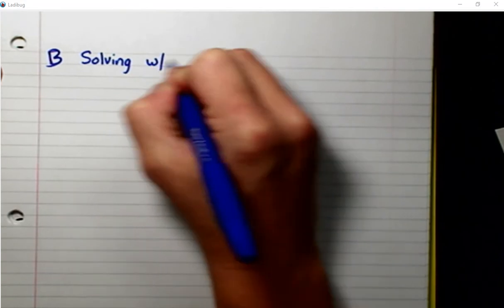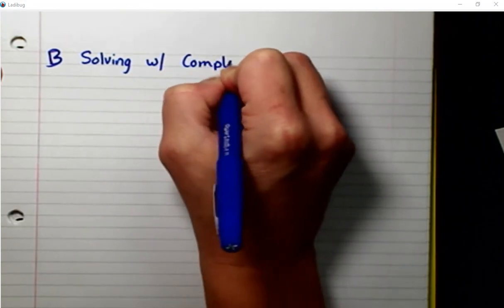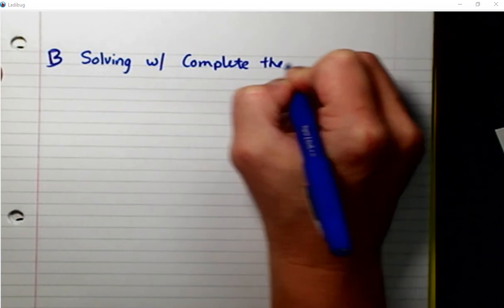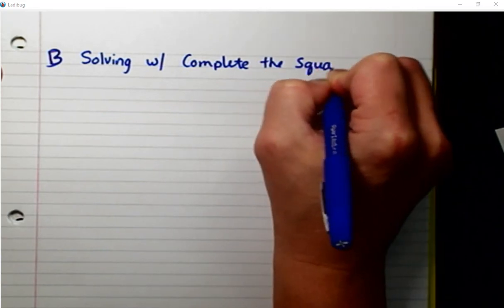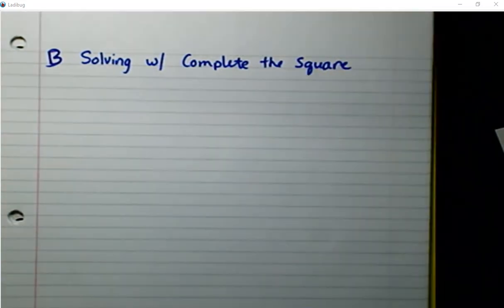Solving with complete the square. Now, we've already sort of talked about why we're going to complete the square. It's because I can't isolate and I can't factor. So we're going to complete the square.